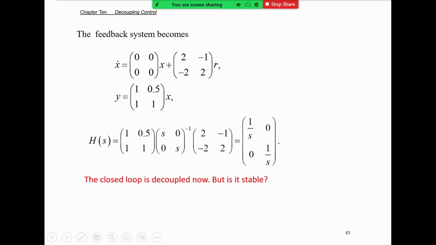But then there is a question. If we decouple the system, if this is the closed loop transfer function, if we look at those two transfer functions independently, they are integrators, but is an integrator a stable system or not?